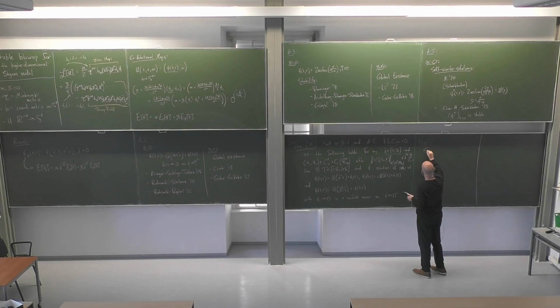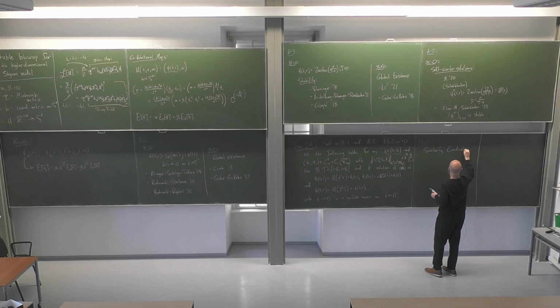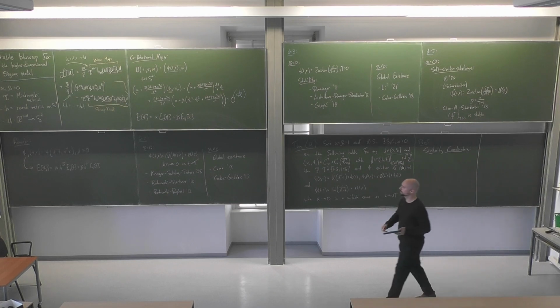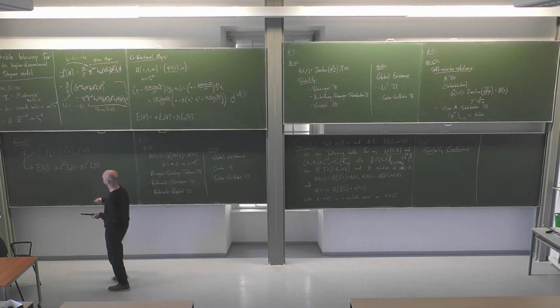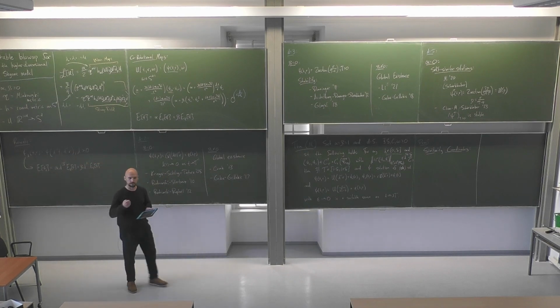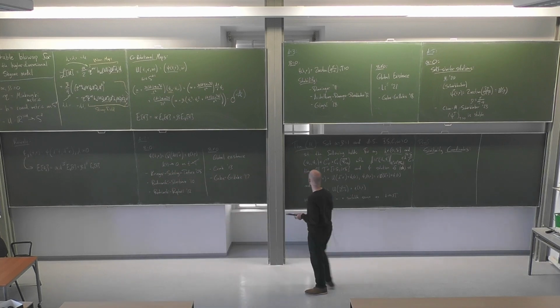So first, I want to transform to similarity coordinates. But in fact, before I do that, I also want to remember that I'm working with a co-rotational map, which also comes with the added condition that to ensure finite regularity at the origin, I need to impose a boundary condition, namely that at r equals 0, the solution is always 0.